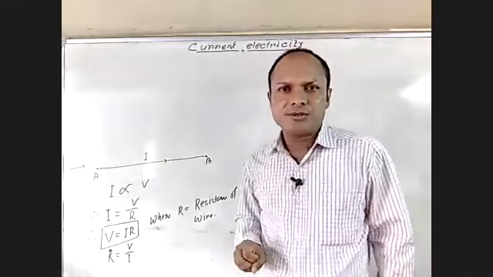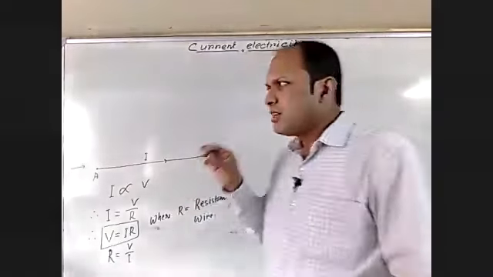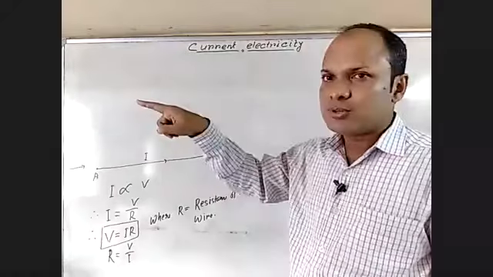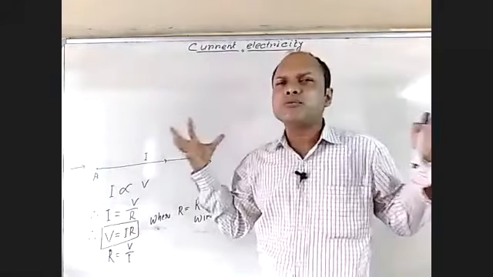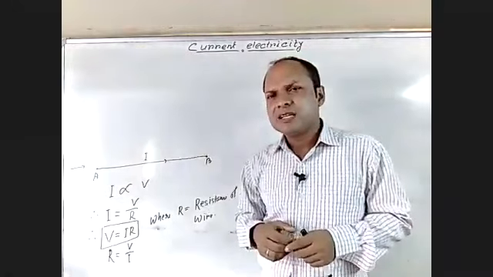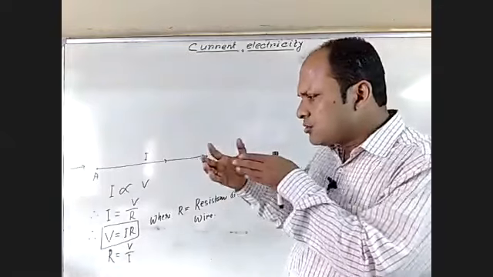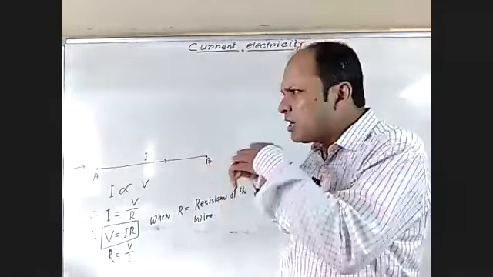Yes, very good, Shorodip. Opposition is offered by the charged particles. Say electrons are forced to move from this zone to that zone, but in the wire there are a huge number of charged particles. They are also trying to move. Whenever huge trillions of electrons are trying to move, they are colliding with each other.